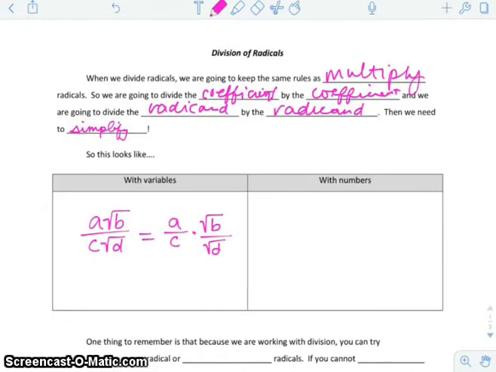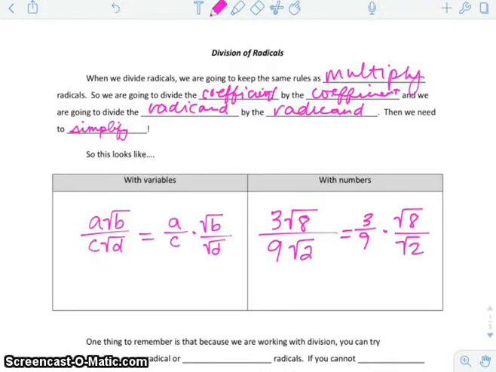So let's say I had 3 radical 8 all over 9 radical 2. I would split the coefficients and do 3 divided by 9, times I'd split the radicands and do radical 8 divided by radical 2. 3 divided by 9 is going to leave me with 1/3.